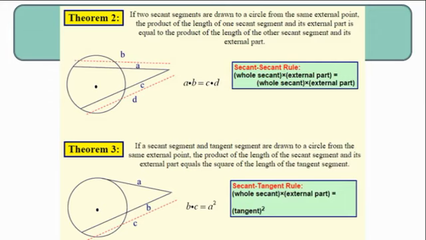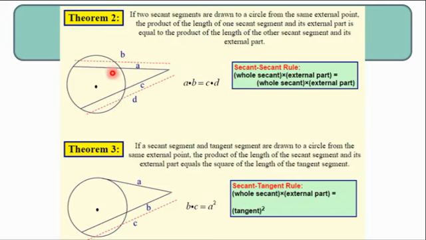A couple theorems for secants. If two secant segments are drawn to a circle from the same external point, so I got one external point over here, and I draw two secant lines to other points on the circle, the product of the length of one secant segment and its external part is equal to the product of the length of the other secant segment and its external part.